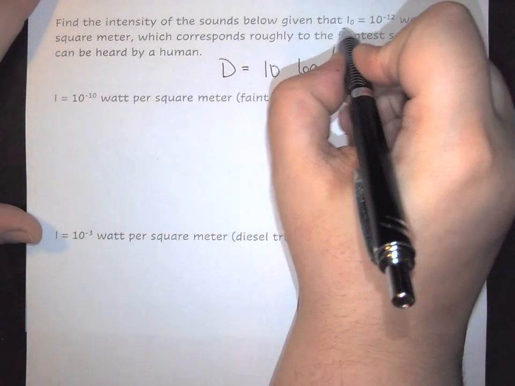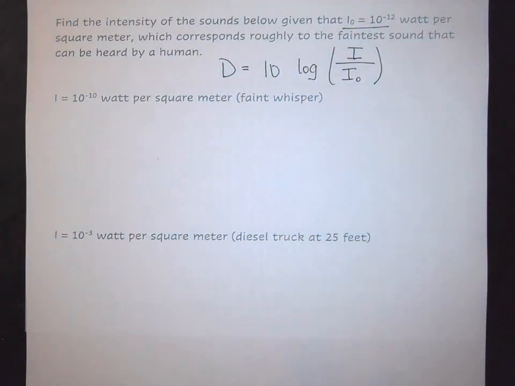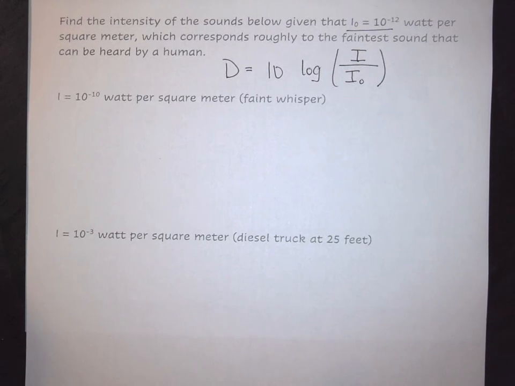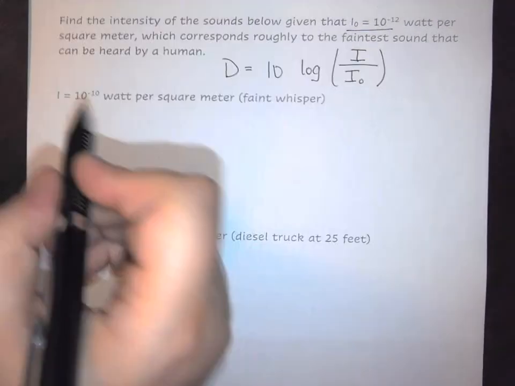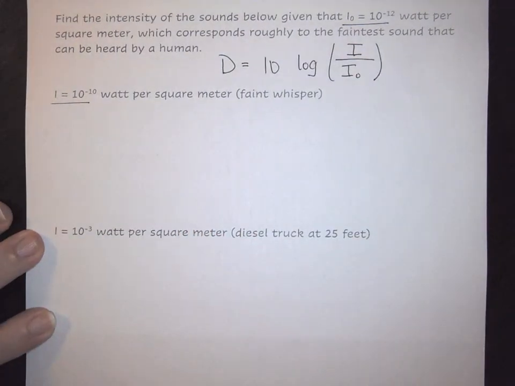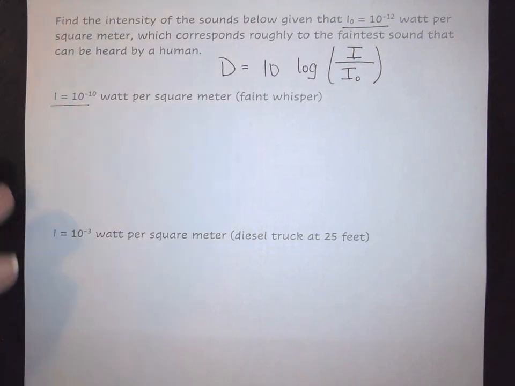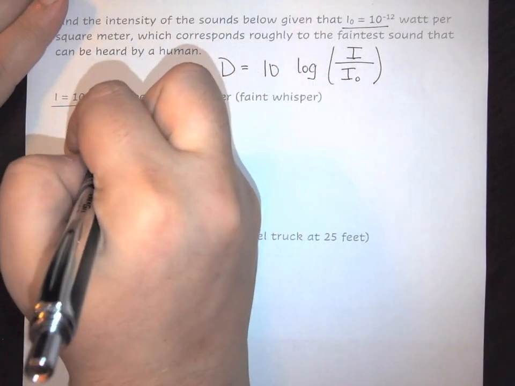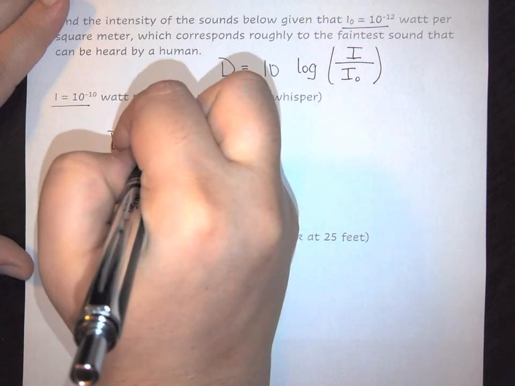We've told you here that the initial intensity for a normal person is going to be 10 to the negative 12, and here I'm telling you the intensity of that faint whisper is 10 to the negative 10. So to find the decibels we simply plug in the information that we have.